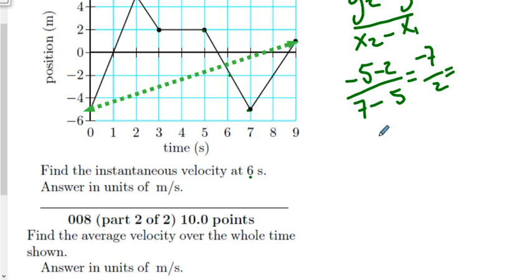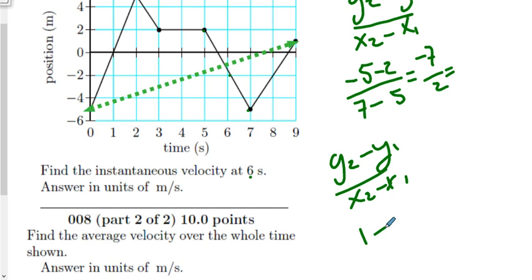So again, we're going to do y2 minus y1 over x2 minus x1. Oops, x1. All right, that's a really ugly x, but you'll be okay with it. All right, so now we're going to put in our numbers. So y2 is 1. y1 was a -5.